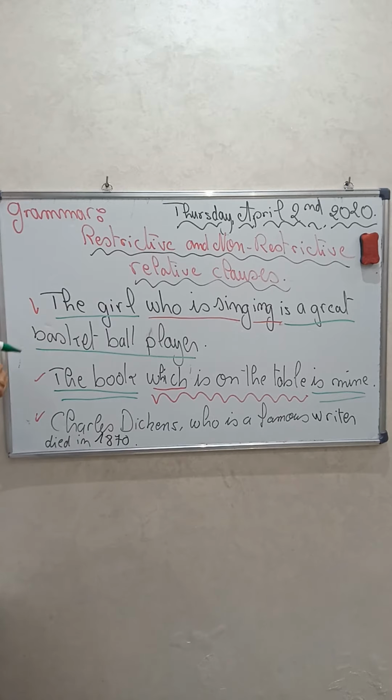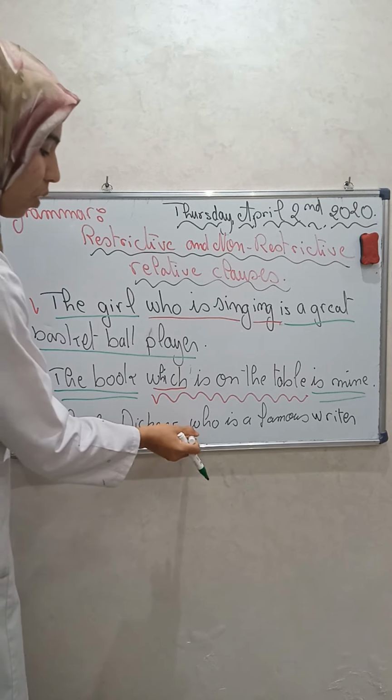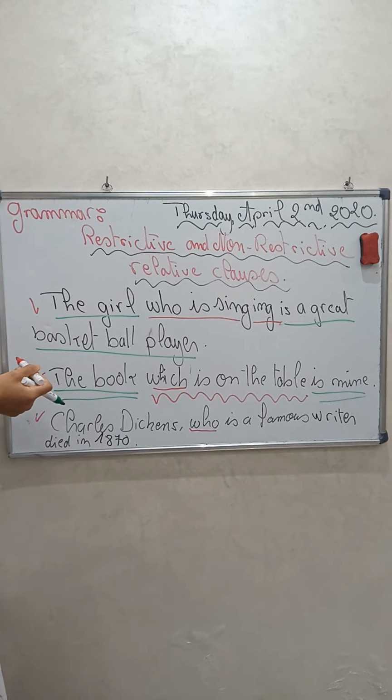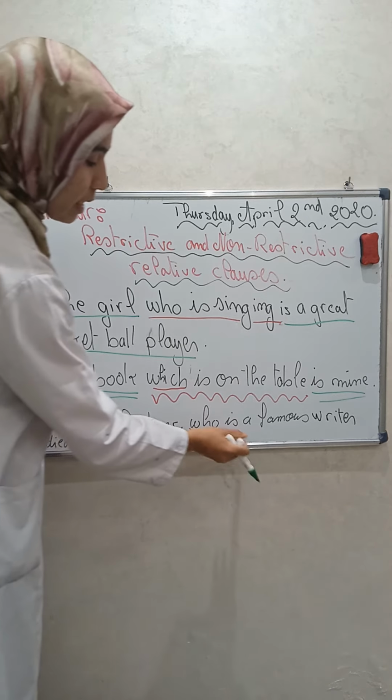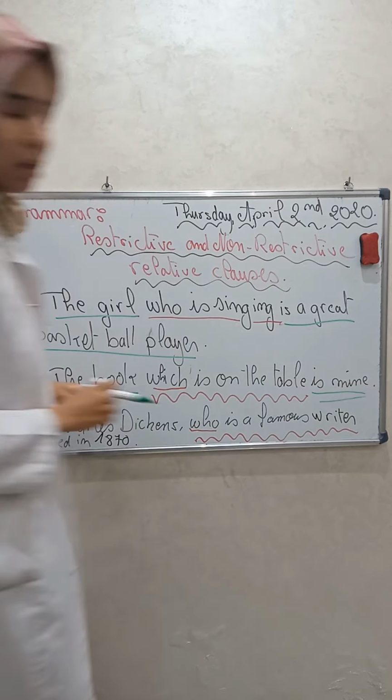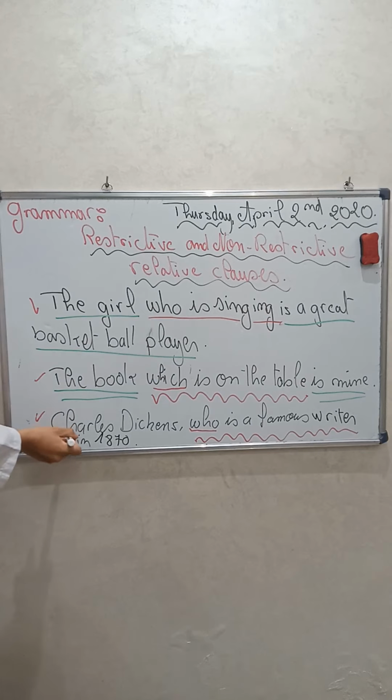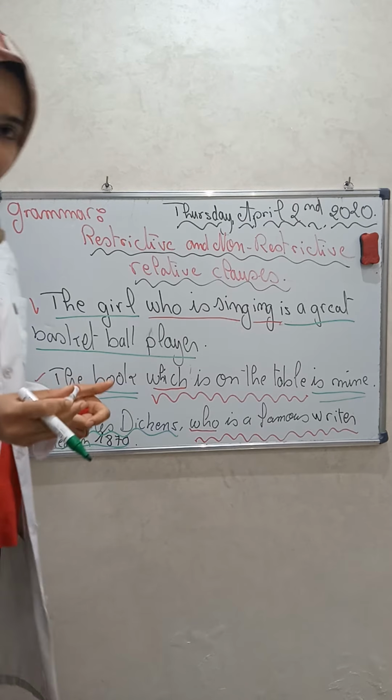The third sentence, Charles Dickens, who is a famous writer, died in 1870. Relative pronoun, who. Relative clause, who is a famous writer. The main clause, Charles Dickens died in 1870.